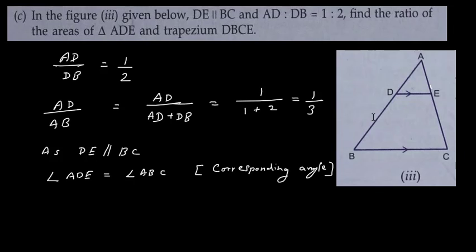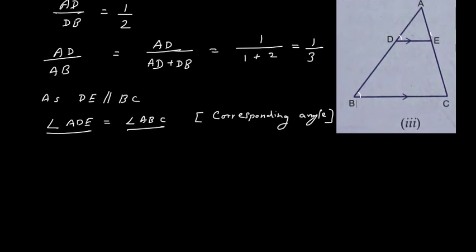So angle ADE and angle ABC, they are going to be equal. This angle and this angle, they are equal. Okay. Similarly, angle AED will be equal to angle ACB. Okay. The reason is same. They are corresponding angles. So we can say that therefore triangle ADE will be similar to triangle ABC.